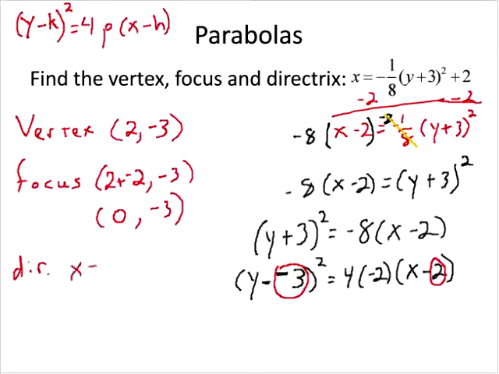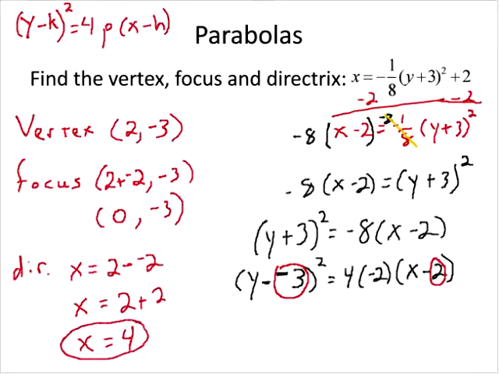And the directrix is the line x equals 2 minus p, and p is a minus 2. So it's going to be x equals 2 plus 2, or the line x equals 4. There we go.